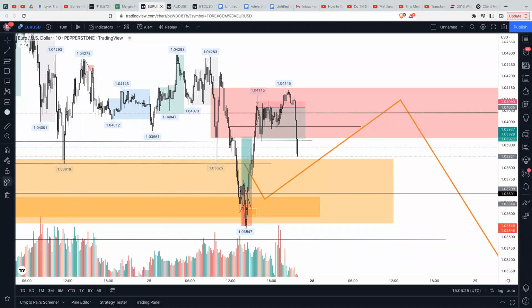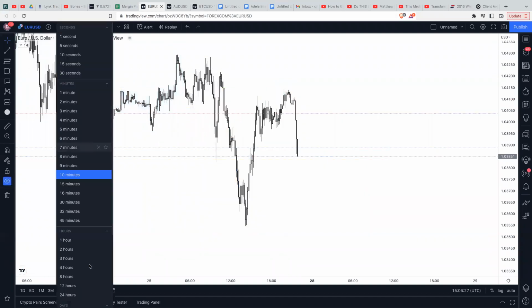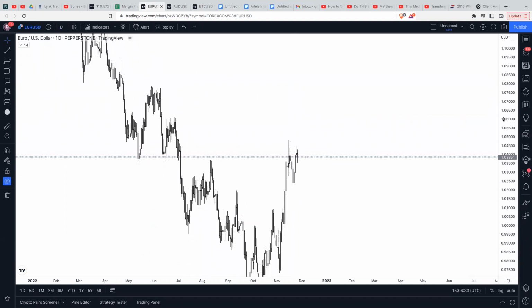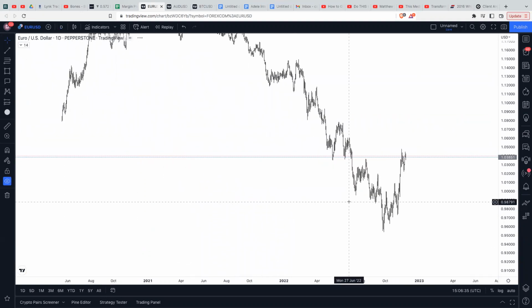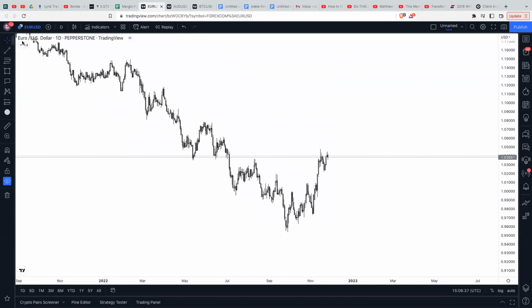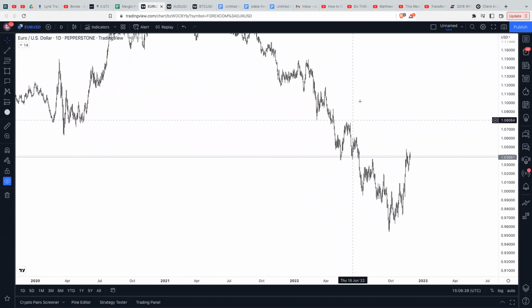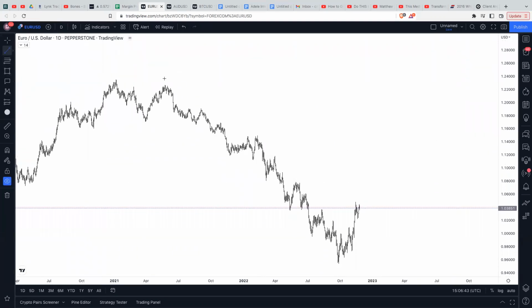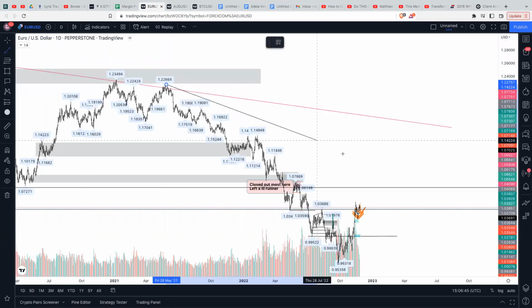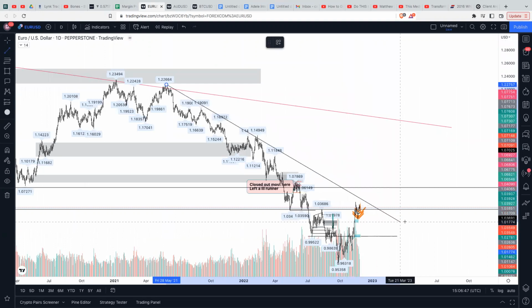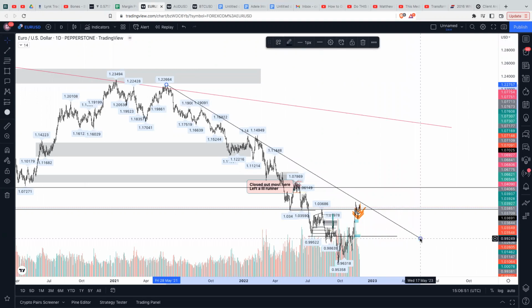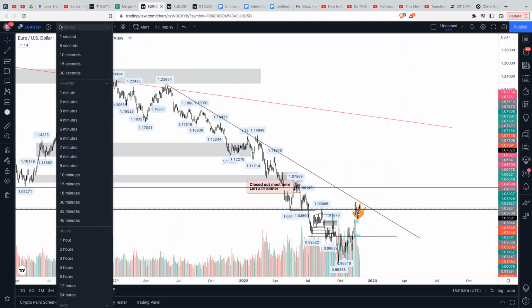So I'm going to clear all this stuff. We'll go back to daily. All right, so the foreign exchange market is basically the price of one currency over another. It's a little bit different to stocks or crypto in the sense that it's not likely that you're going to be buying a currency to hold it unless you're buying absolute billions.